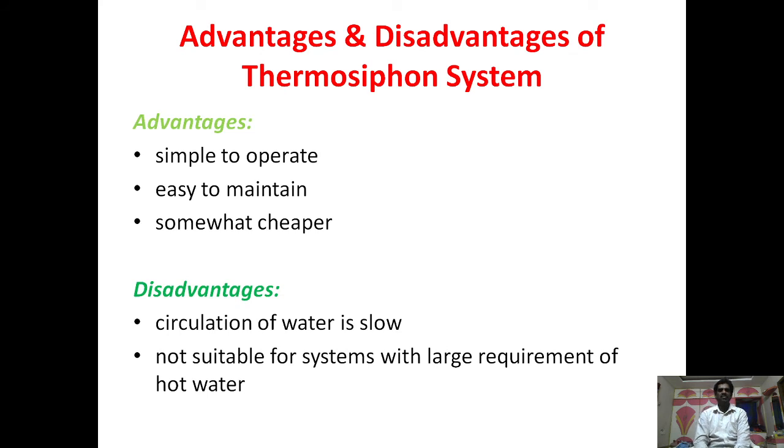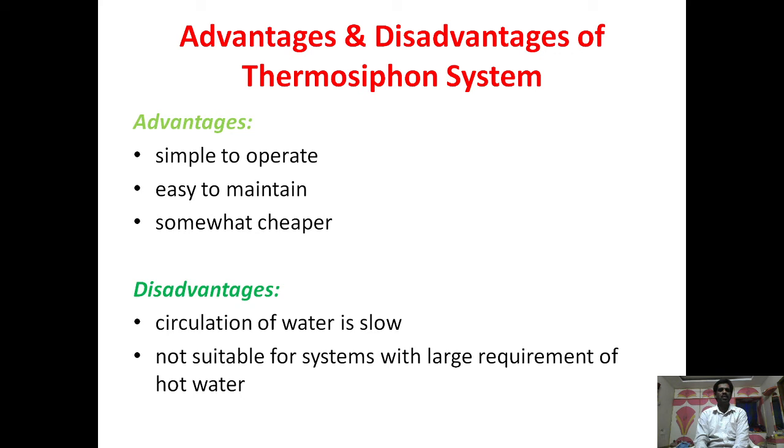Now, advantages of this kind of system. The advantages are simple to operate, easy to maintain, that means nearly zero maintenance, and somewhat cheaper compared to other kinds of heating systems. Now disadvantages. The only disadvantage is that the circulation process is very slow.